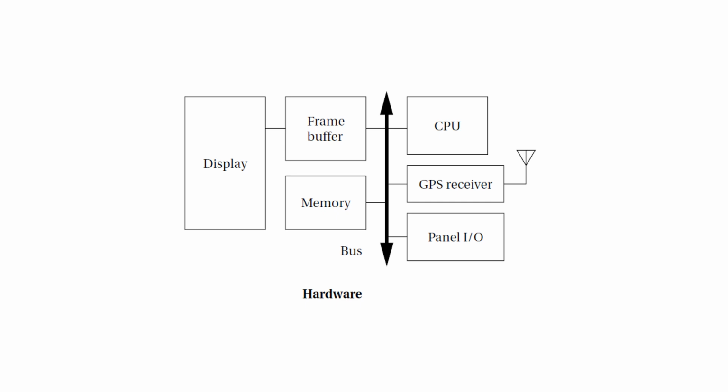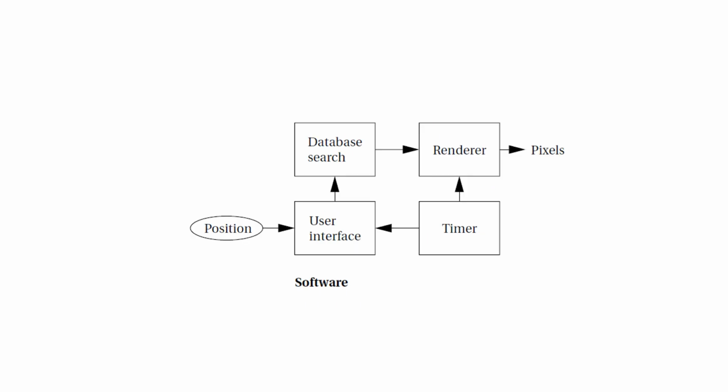These are some of the hardware components of your GPS. These are some of the software components. Once the hardware and software components are separated, two different teams, the hardware team as well as the software team, start working on both parts.